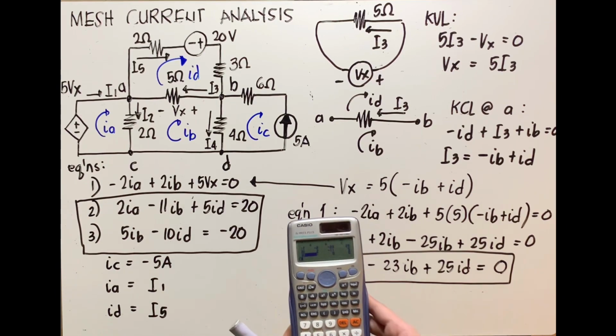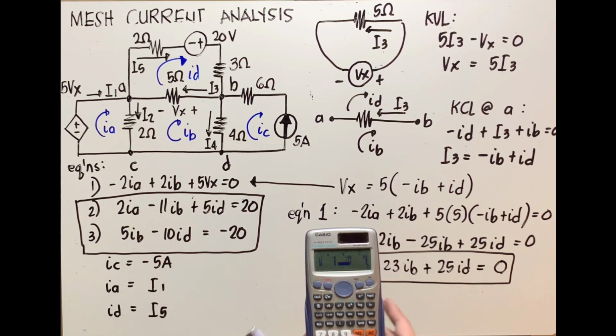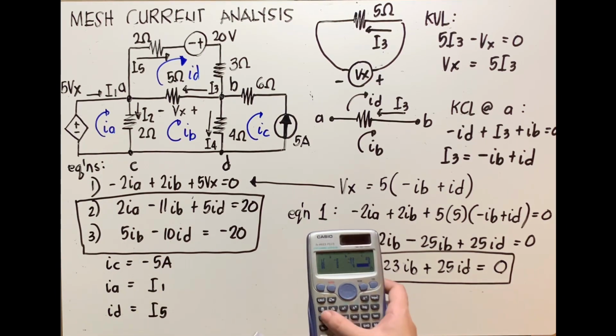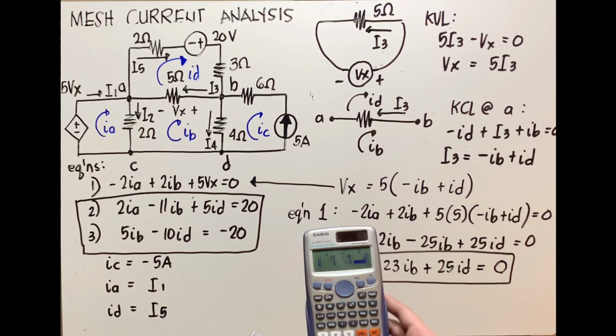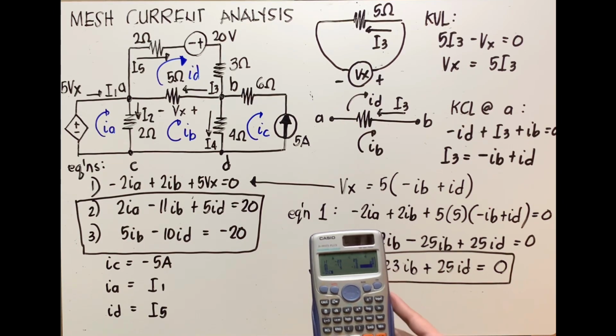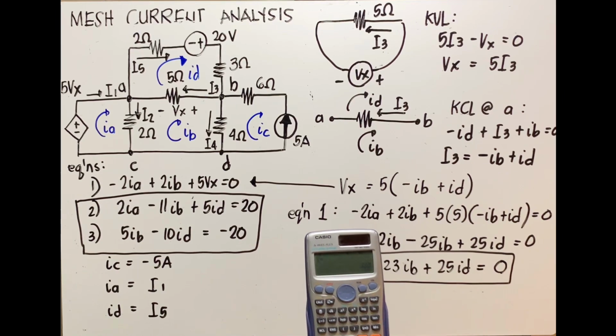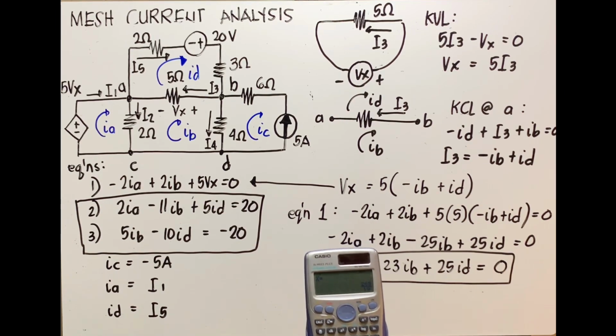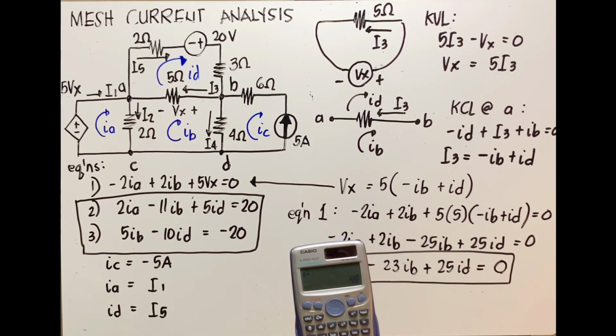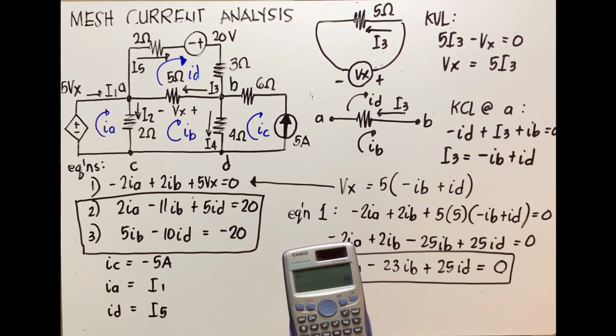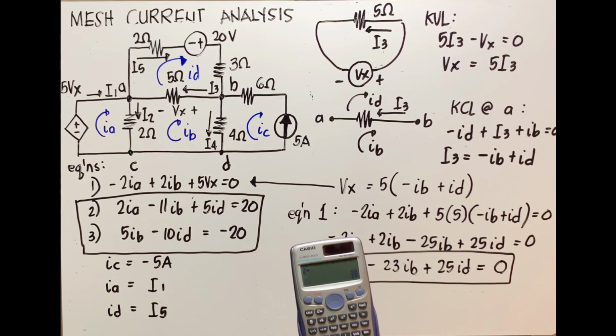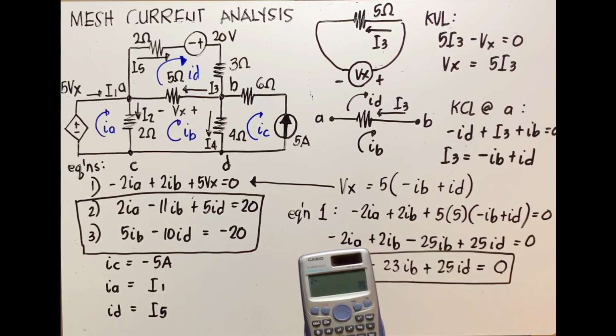And then you get 0 IA. We do not have an IA here, but we have 5 IB, negative 10 ID, and negative 20. Press equals. We'll get IA, which is 265 over 19. IB is 40 over 19. And ID is 58 over 19.